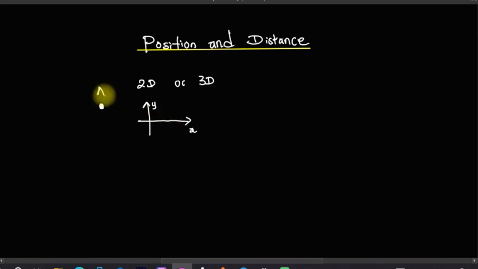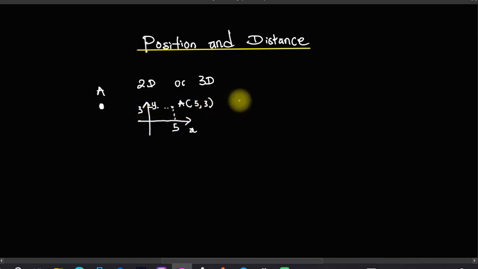So let's say this is point A. The coordinates might be, for example, 3, 5, or let's put it 5, 3, since we're more distant on the x-axis. So this corresponds to 5 and this corresponds to 3.